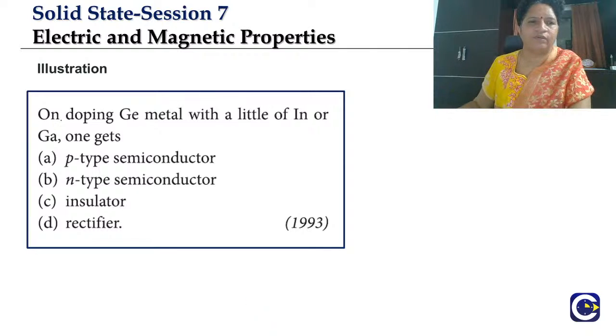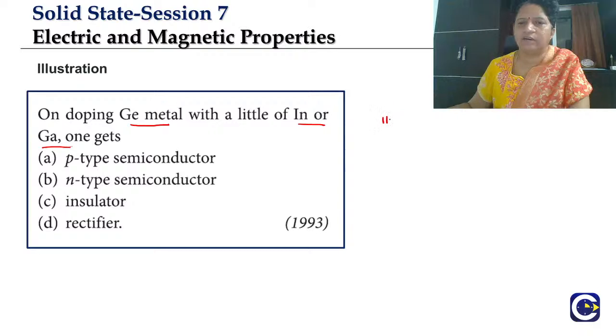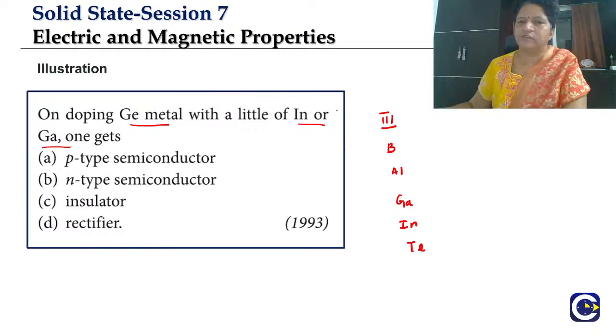Okay, now on doping germanium metal with indium or gallium. Which group do indium and gallium belong to? 13: boron, aluminium, gallium, indium, thallium are the 13th group. Silicon and germanium belong to the 14th group: carbon, silicon, germanium, tin and lead.